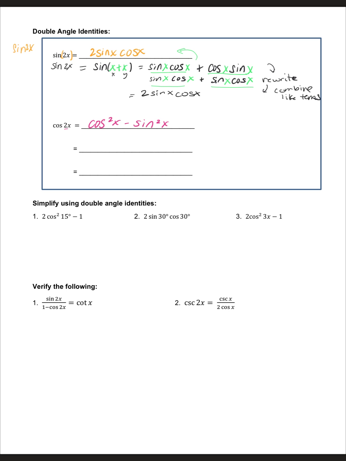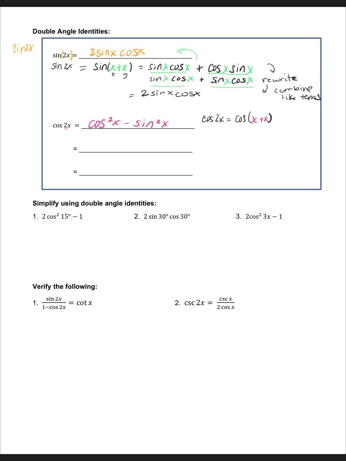So I'm going to use the same idea up here, and I'm going to prove that to you. So if I have cosine 2x, and I want to rewrite that, that is going to be cosine of x plus x. Well, cosine is slightly different, because with cosine, we have cosine cosine and sine sine.